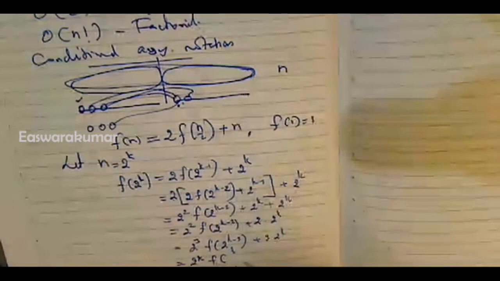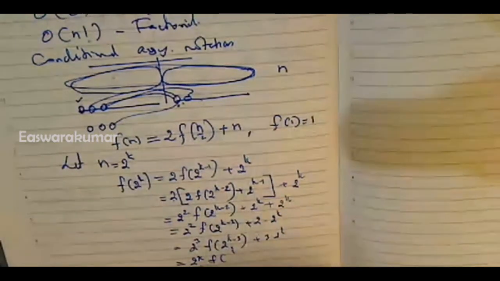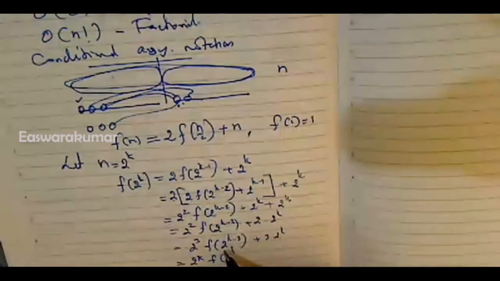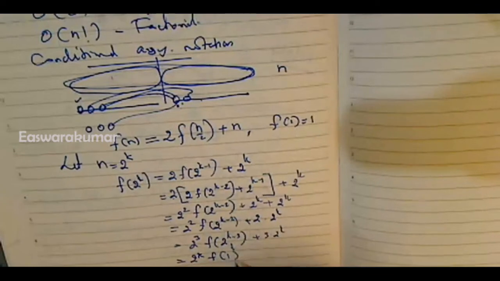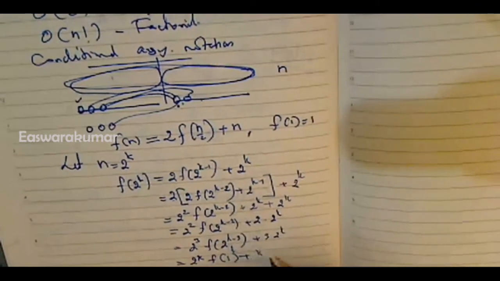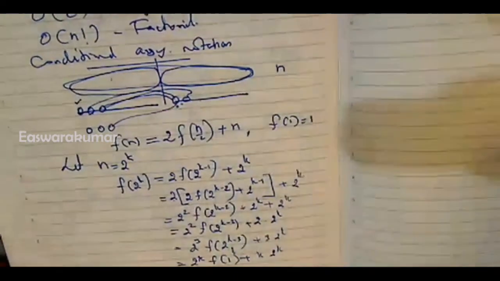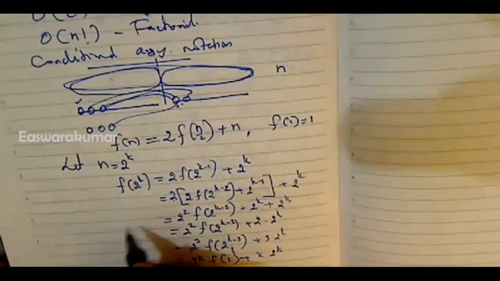Here what we get is, if k times we repeat, this will be 2 power k, and this is f of 2 power k minus k. k minus k means 0. So 2 power 0, that is f of 1, plus this is k times 2 power k. Anyway, this value I can write here.